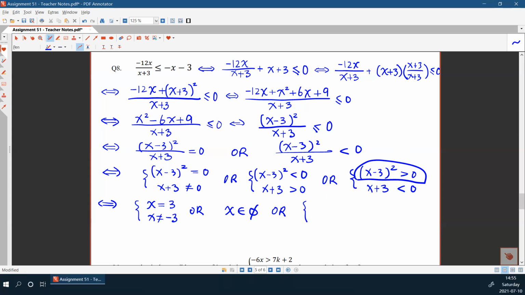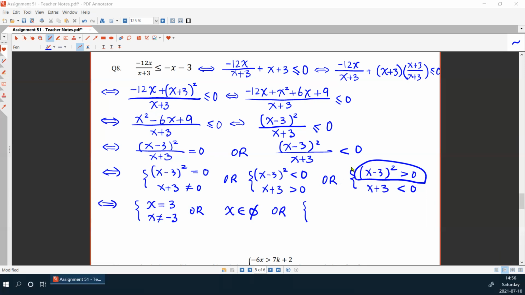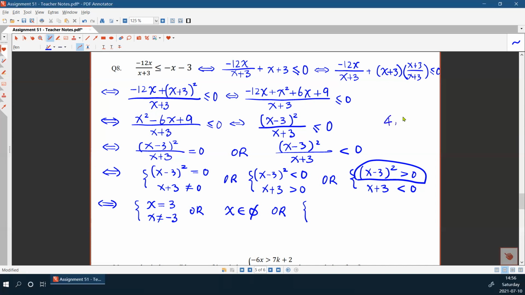What is the solution? You're saying x should be greater than 3, right? So, for example, x is 4, 5, 6. Of course, this will do. But how about minus 4? Or 2? Or 1? Will this number do?